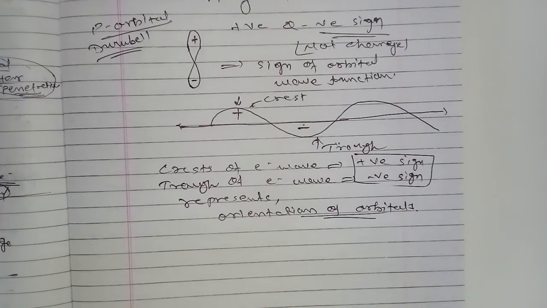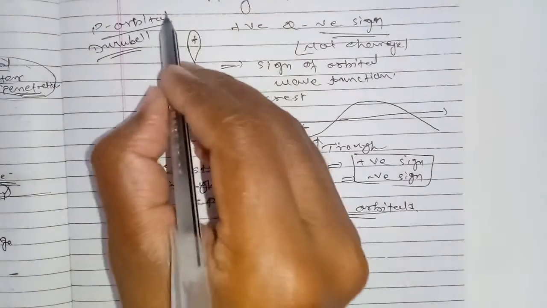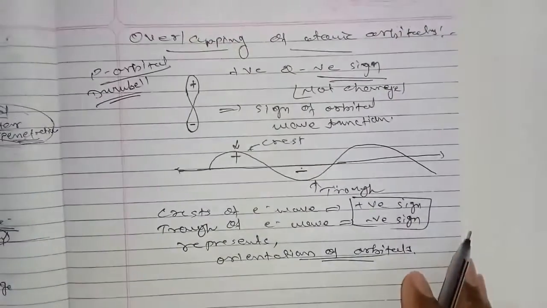Now let's see the overlapping of atomic orbitals.